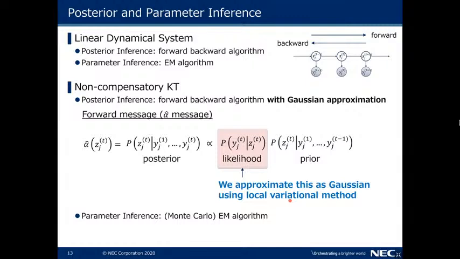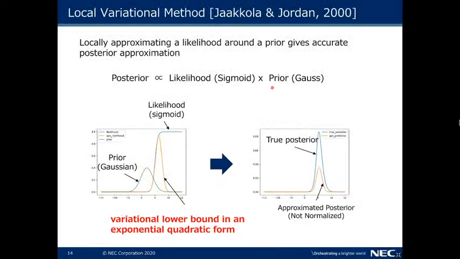So what is the local variational method? It was proposed by Jaakkola and Jordan in 2000. In their case, the likelihood is a sigmoid function and the prior is Gaussian. It's a very similar case to ours.